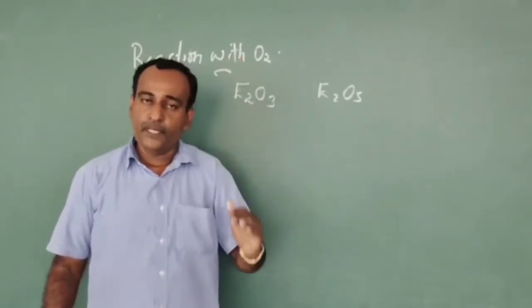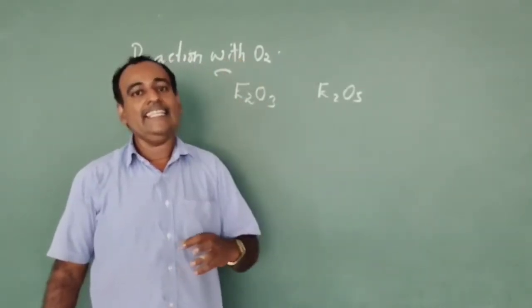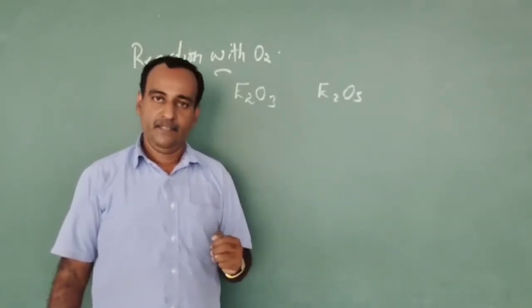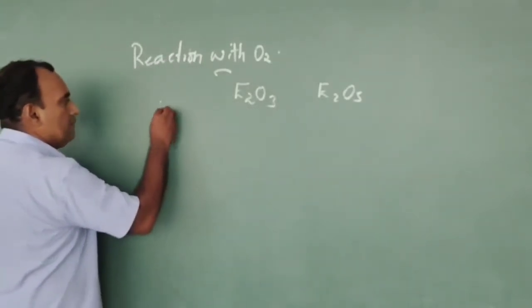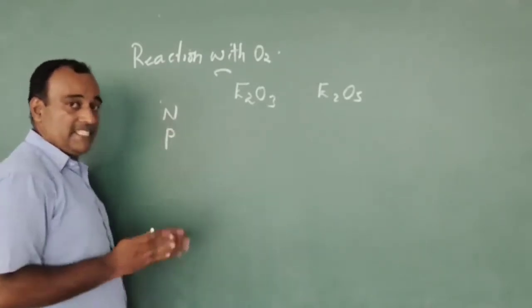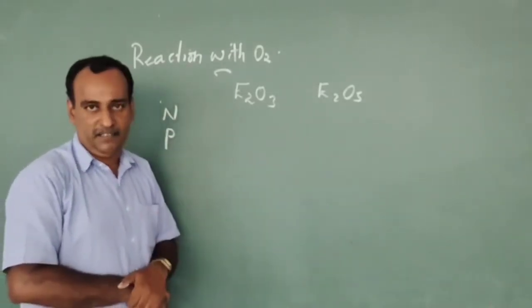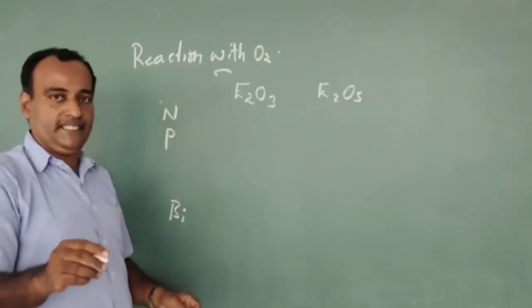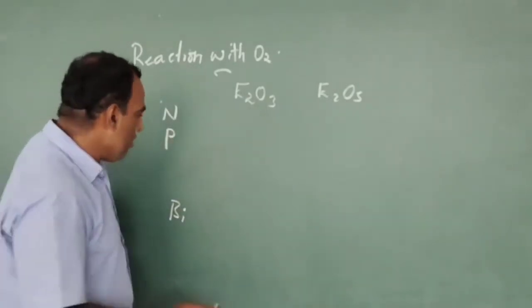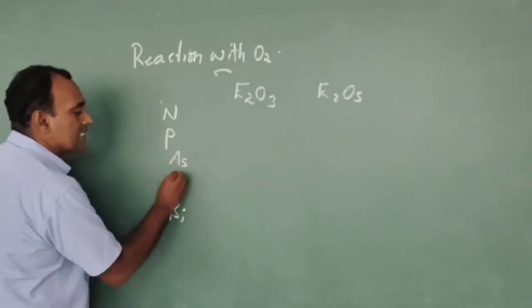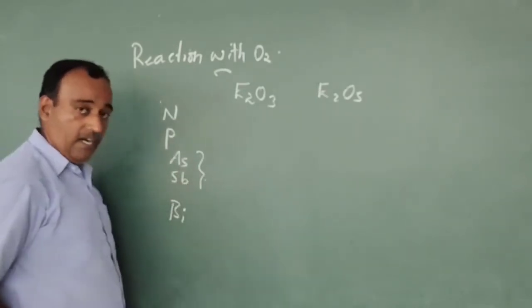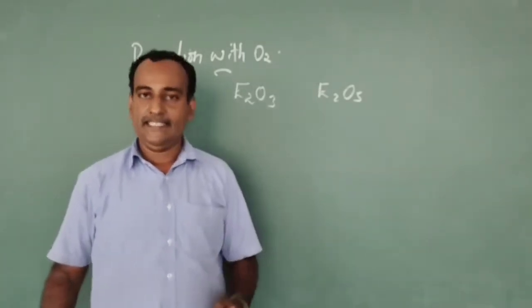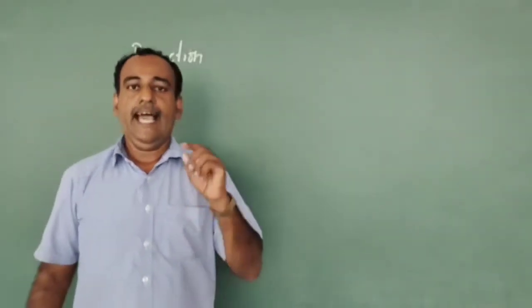Also, when we move from top to bottom, the acidic character decreases. That means the oxides of nitrogen and phosphorus are purely acidic in nature, whereas the oxide of bismuth is basic in nature. But the oxides of arsenic and antimony are amphoteric in nature.